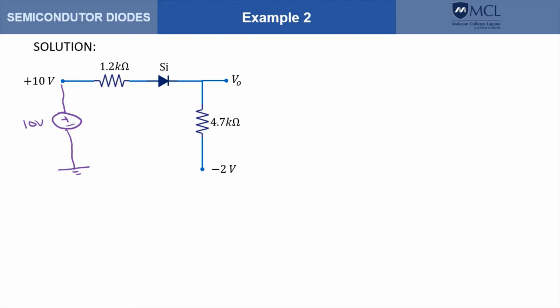And this terminal here is also connected to a source, the negative of the source. This is 2 volts, and this is also connected to ground.